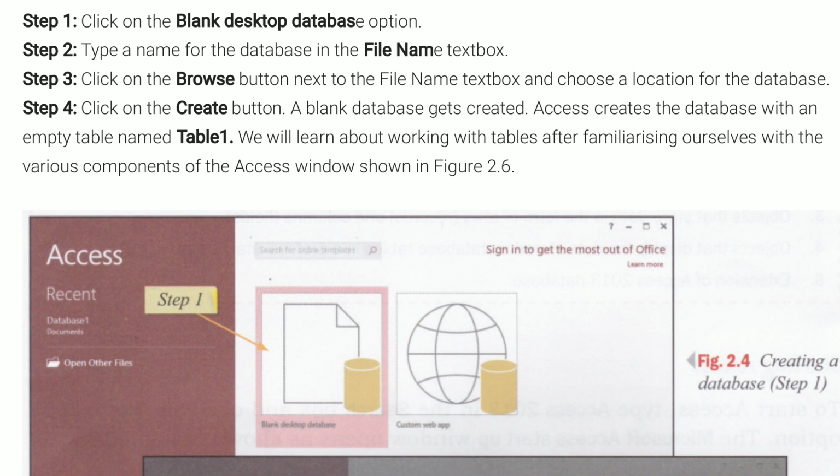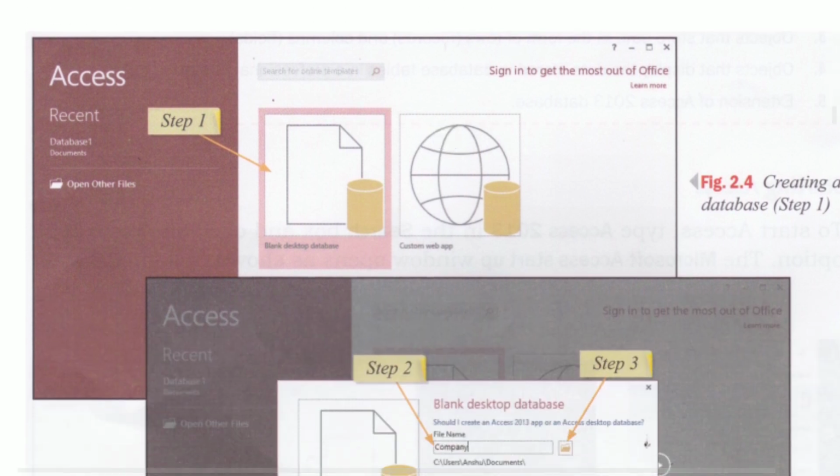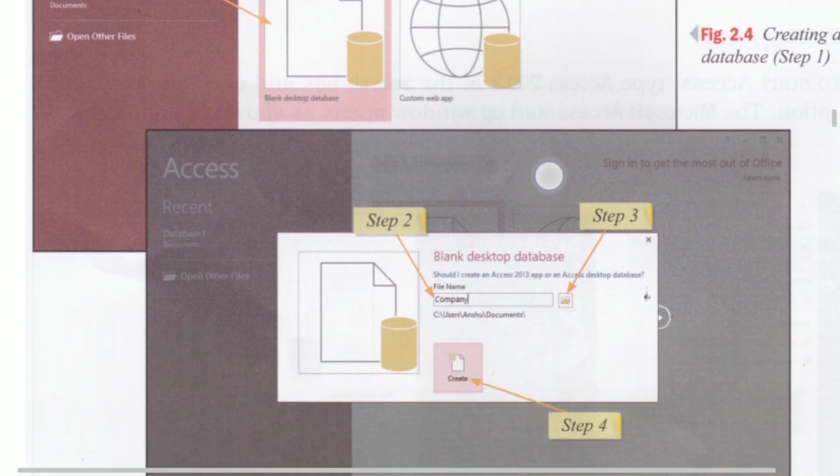As we click on this option, a new window named blank desktop database appears on the screen. In this, we have to type a name for the database that we want to create. Here we can type the file name in the file name text box. Then we can also choose the location where the file will be saved by clicking on the browse button. Thereafter, click on the create button.